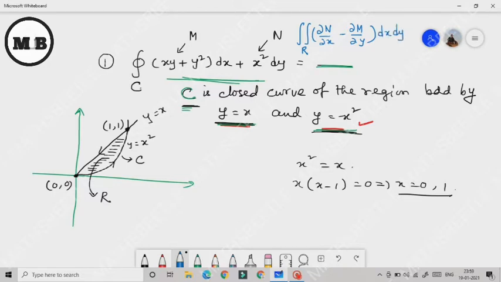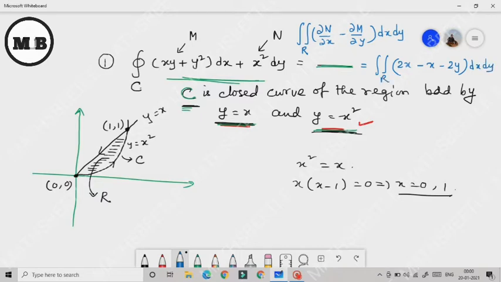So what is your del N del x? It is nothing but 2x, minus del M del y, which will be, I think, 2y, and it is dx dy over this region R.